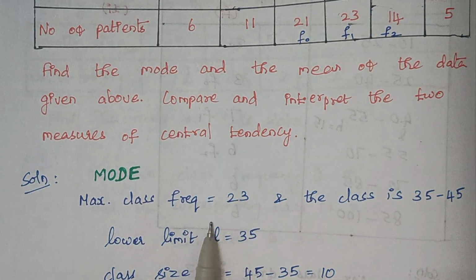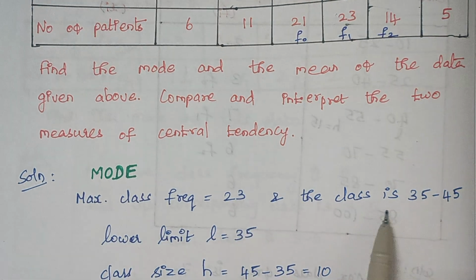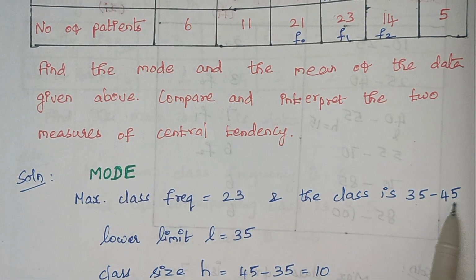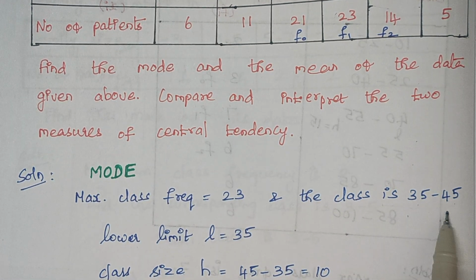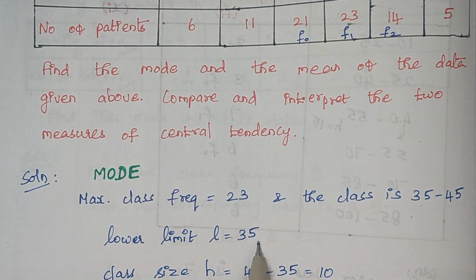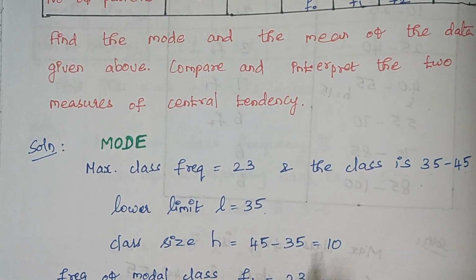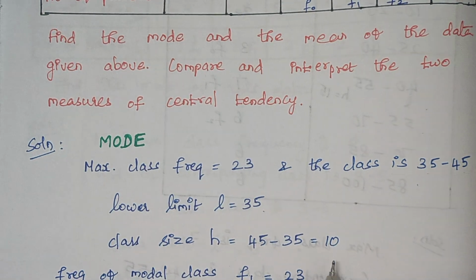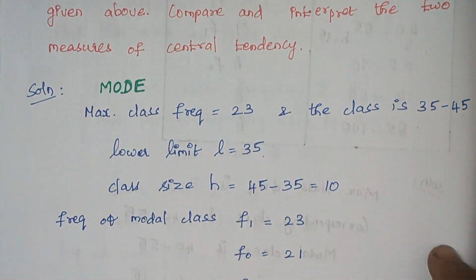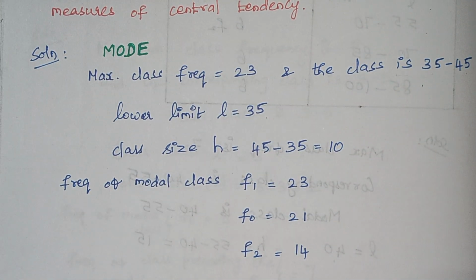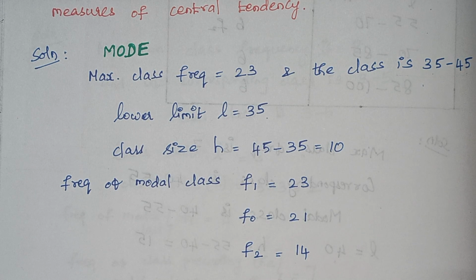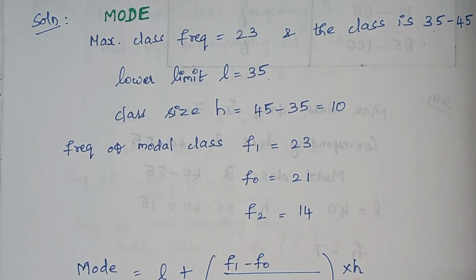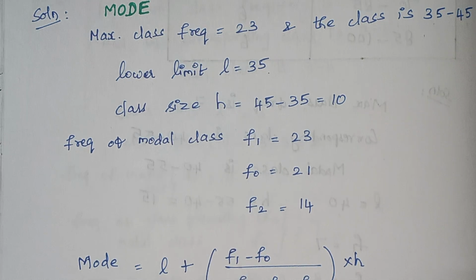The maximum class frequency is 23 and the corresponding class is 35 to 45. Therefore this is our modal class. And here the lower limit is 35 and the class size H is 10 and the frequencies, you see, we must write all these three, F1, F0 and F2.